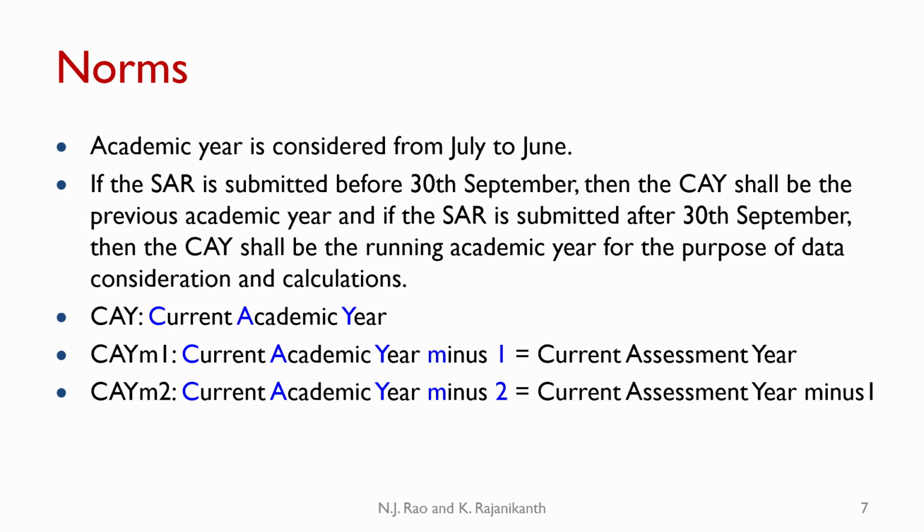So, CAY means current academic year, CAYM1 means current academic year minus 1, which happens to be current assessment year, and CAYM2 means current academic year minus 2, current assessment year minus 1.